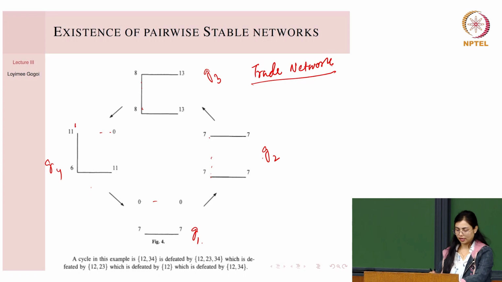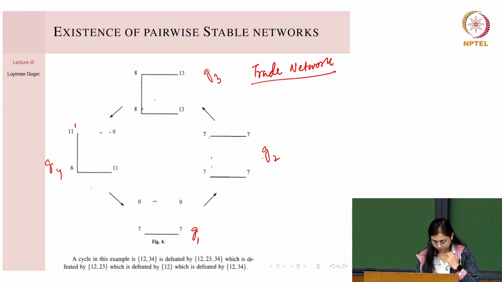As I said, the second condition, right? Say from 1 and 2, if they try to form a link, one player will benefit, another player will not benefit, right? So 1 is getting less, but 3 is getting more, so that link will not form.